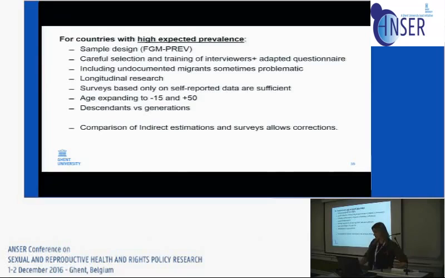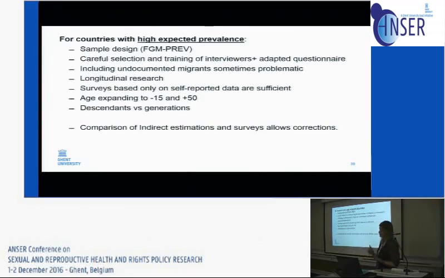For countries where there is a high expected prevalence, we would propose to use our sample design, but we're still piloting it, and it came to an end yesterday, so the data has not been analyzed yet, but there are some problems with our sample design. But that's for next year.